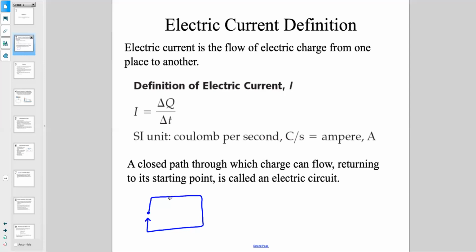And along the way, there could be different things that happen to this charge. But if it starts from one point and goes all the way back to the same point, we call it a closed path or electric circuit. Here, I have a change of charge over a change of time, and I call that current, or I.